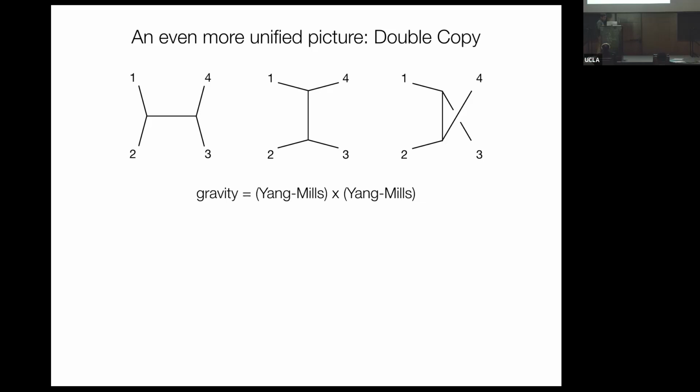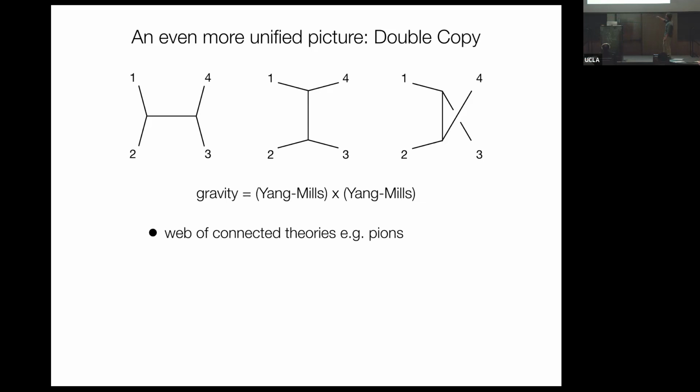Okay, so not only does this picture give us a unified framework to understand all the possible long-range forces, it also relates these long-range forces together. In fact, this relation extends to a web of theories where you can imagine a multiplication table where you take one theory, you stick it in here, you take another theory, stick it in here, and you get another one.